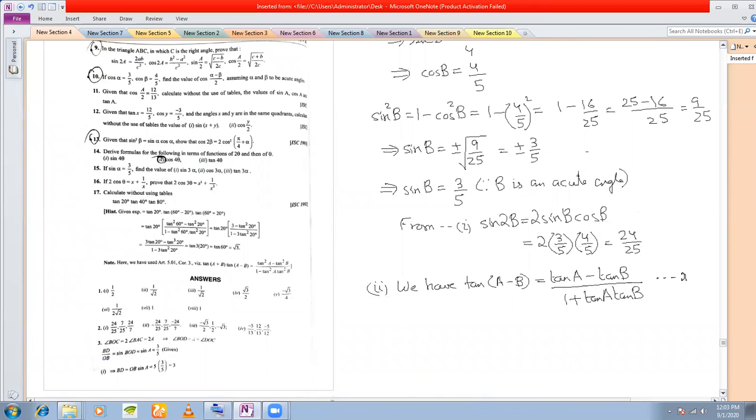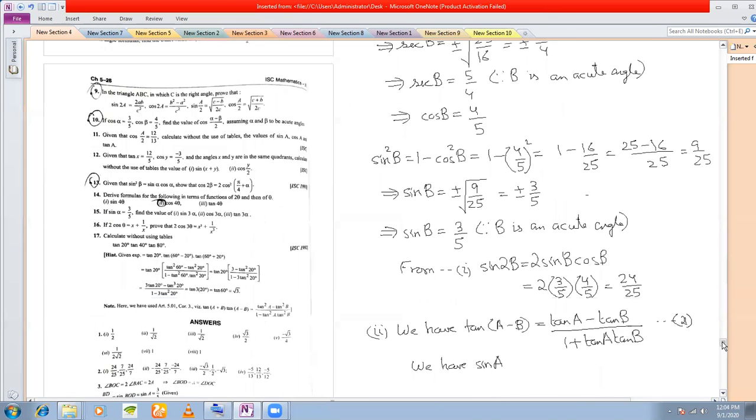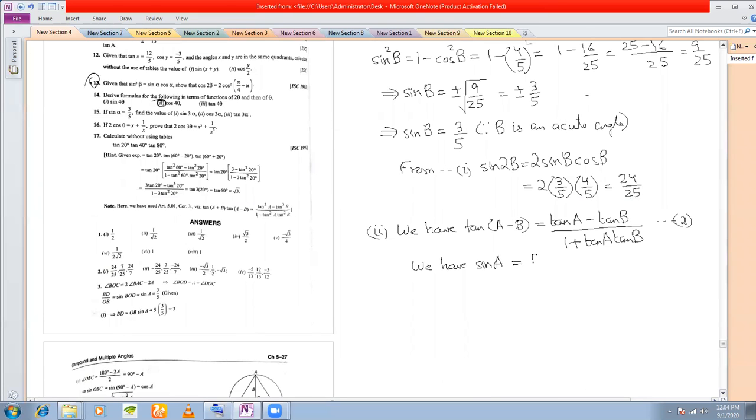Let us call this 2. Okay. So we have sin A is equal to 5 by 13. So we shall use the identity cosec square A is equal to 1 plus cot square A. Now, sin A is 5 by 13, that means cosec A must be 13 by 5 because sin and cosec are reciprocals of each other.